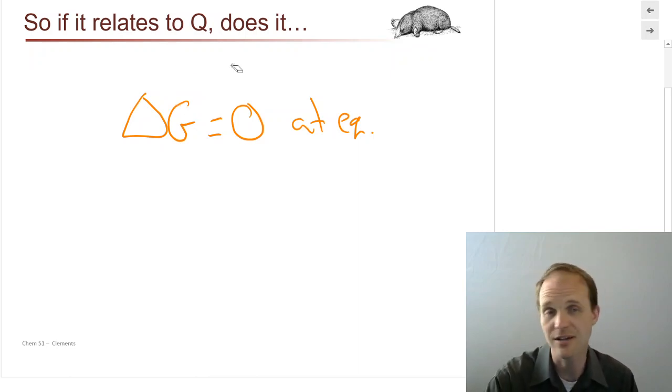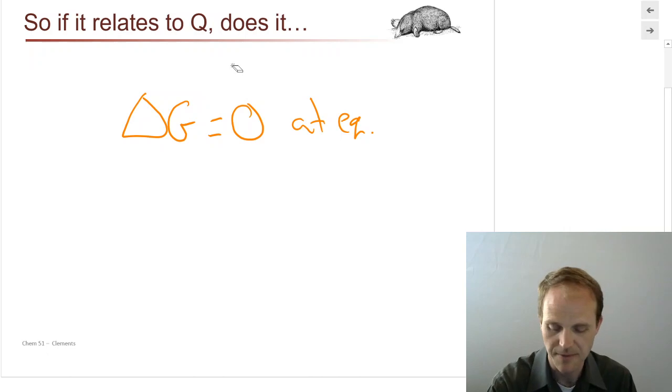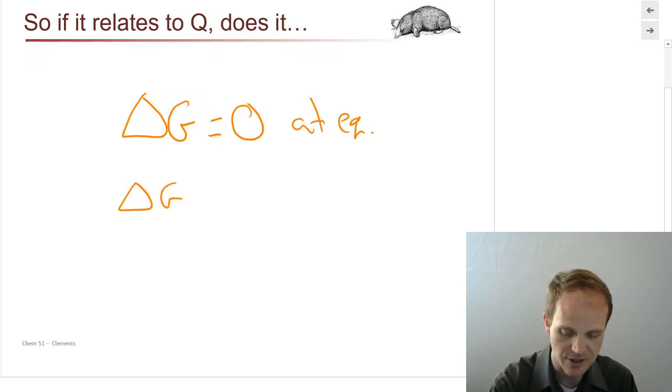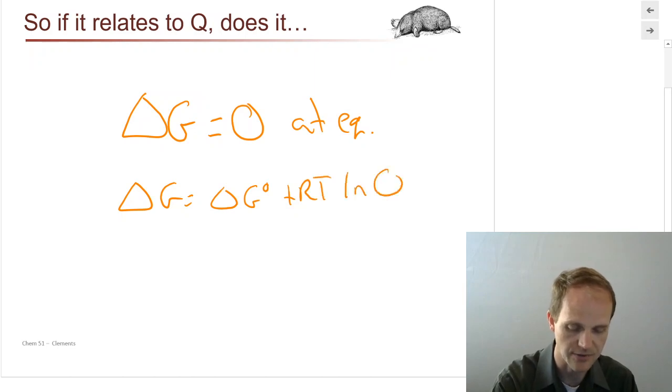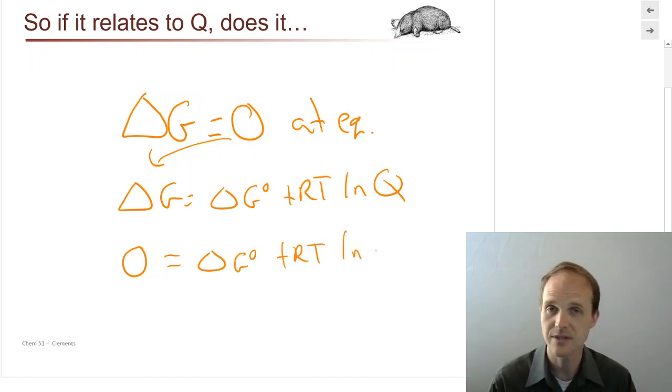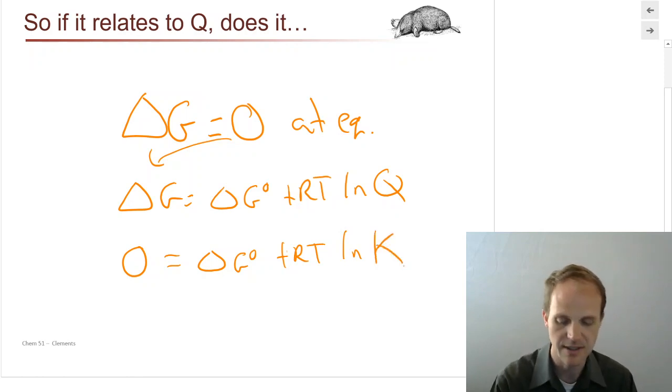It's whatever those states are that are equal to equilibrium. And so if I use my delta G equals delta G naught plus RT natural log of Q, my delta G is 0. So I say 0 is delta G naught plus RT natural log of, well, what's Q at equilibrium? It's equal to K.